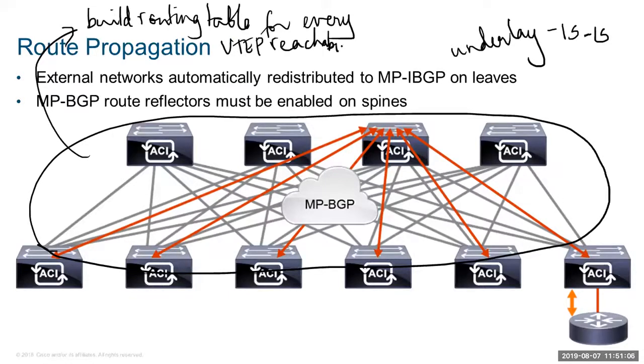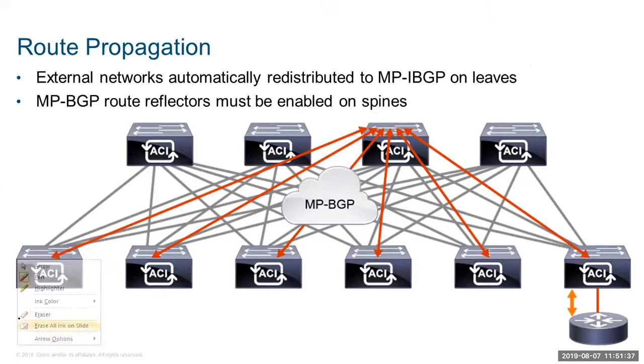In other words, it's a bunch of routers connected in this manner, because they're all IP addresses. We need a routing protocol, it's ISIS, and it helps build a routing table, how each of these nodes can get to each other. VTEP reachability, that's ISIS's responsibility. That's why we call it the underlay routing protocol.